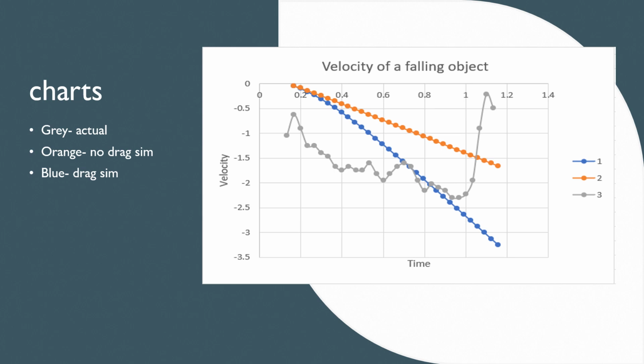The gray is a bit more chaotic due to maybe some discrepancies in how I actually tracked it, but the blue with the drag is relatively accurate as it follows approximately the line around the center here, and then the orange, which simulated no drag at all, is a little bit off.